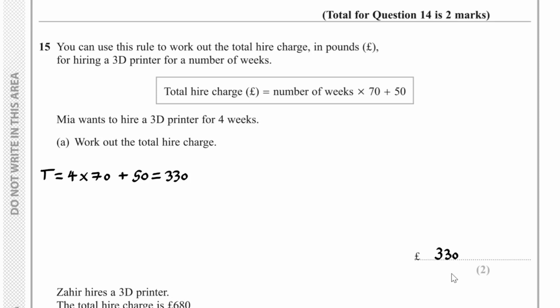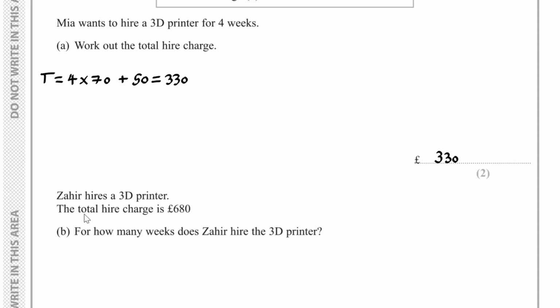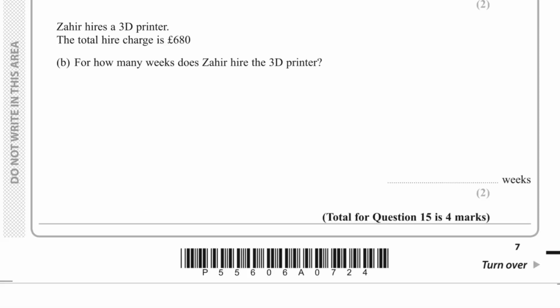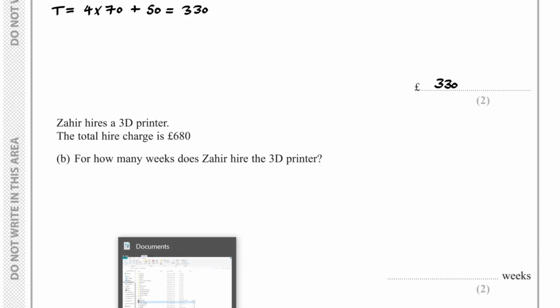And now for the next part of the question. Zahir hires a 3D printer. The total hire charge is £680. For how many weeks does Zahir hire the 3D printer? So for this question, total hire is equal to 680.